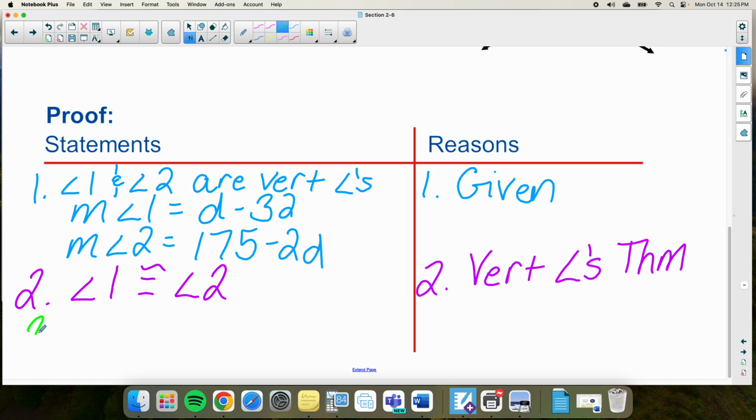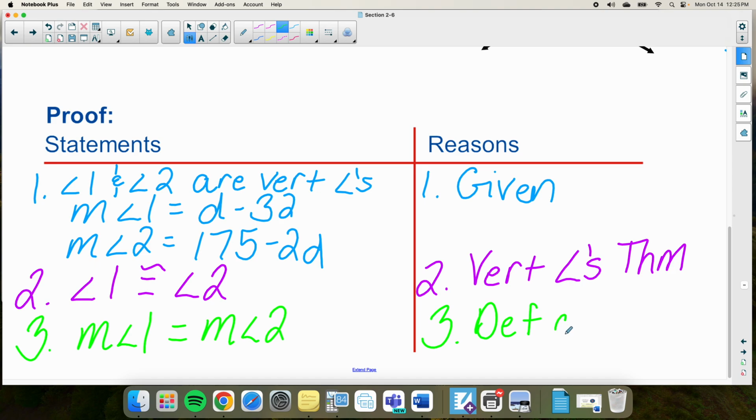So I'm going to rewrite this as the measure of angle 1 equals the measure of angle 2, because now I can substitute in that. What is that called when you add the little m's and take off the squiggly? Of congruent angles. Very good.